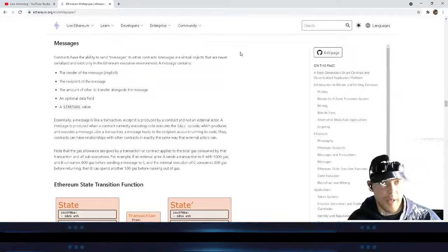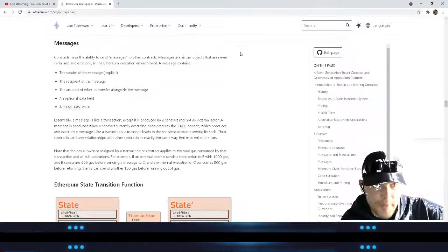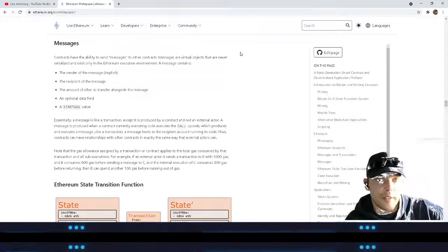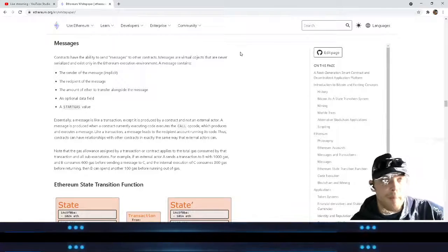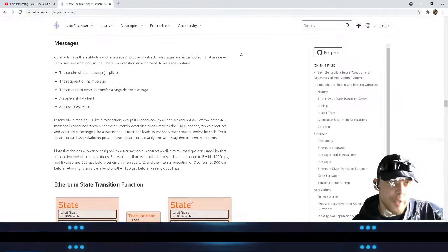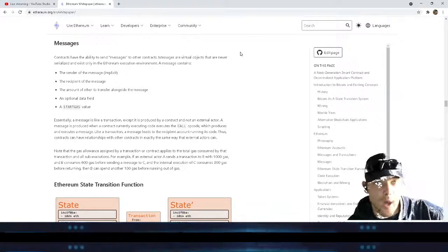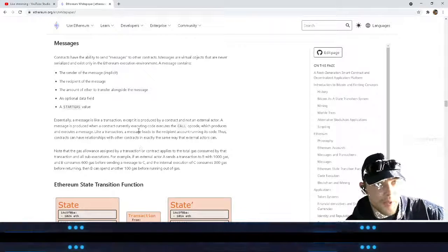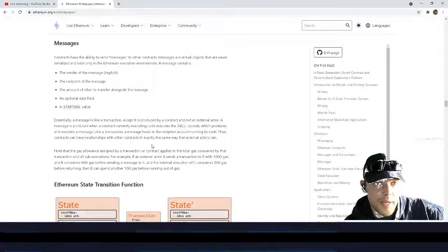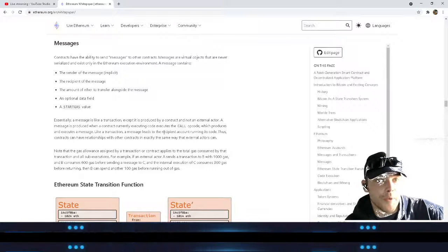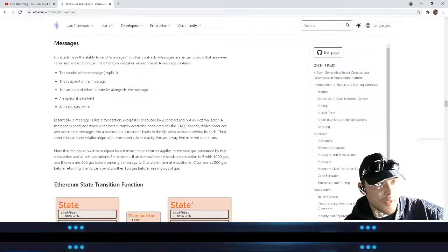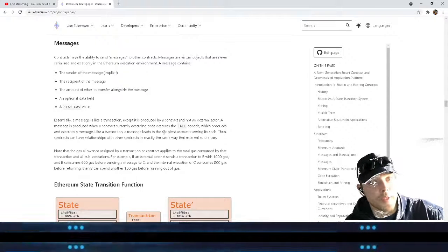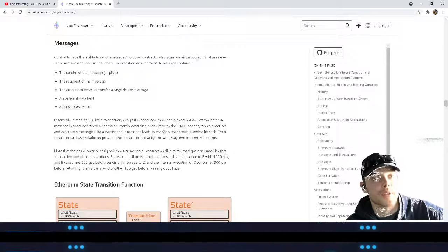So essentially, a message is like a transaction, except it is produced by a contract and not an external actor. A message is produced when a contract currently executing code executes the call opcode, which produces and executes a message. Like a transaction, a message leads to the recipient account running its code. Thus, contracts can have relationships with other contracts in exactly the same way that external actors can.